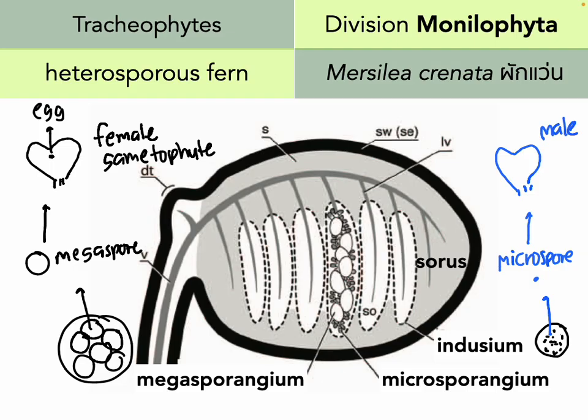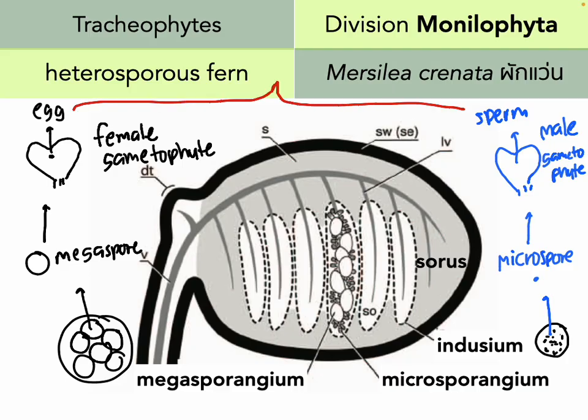The male, I ran out of space to write. The male gametophyte, and they produce sperm. So on a separate gametophyte, and then sperm and egg will meet later to fertilize. They're on different plants.